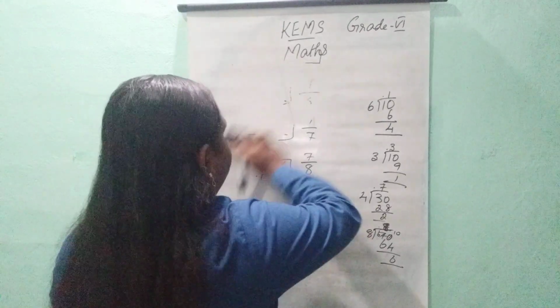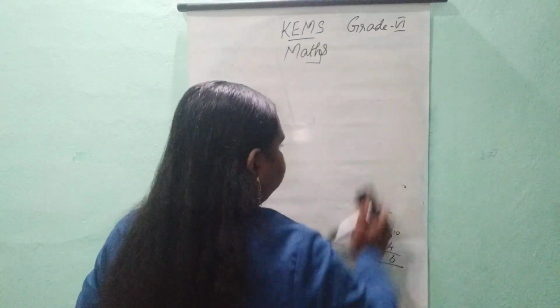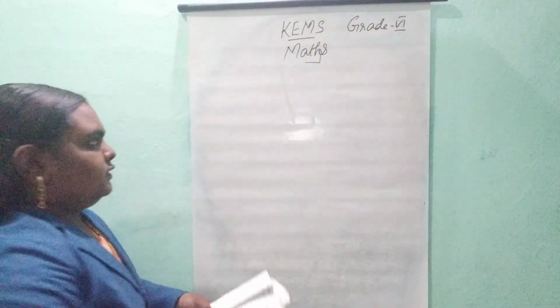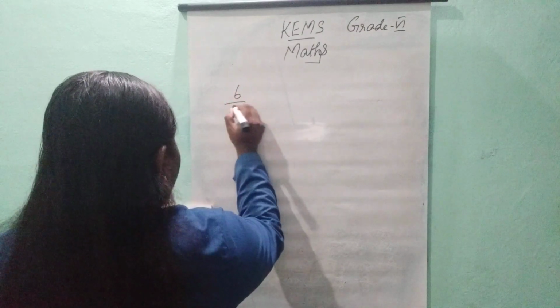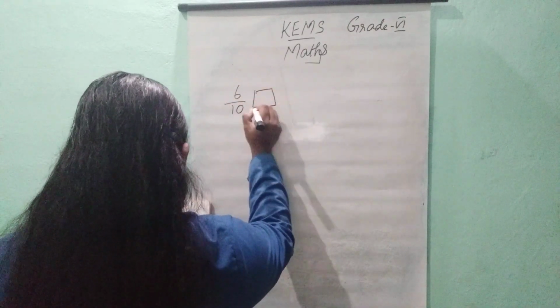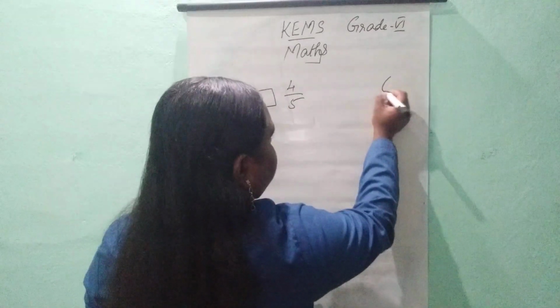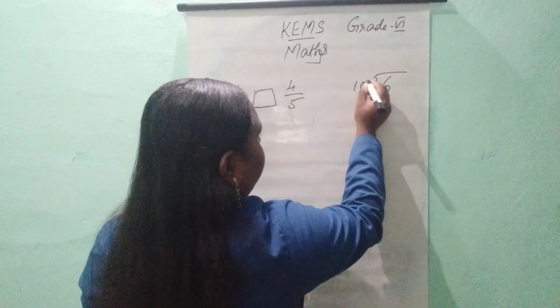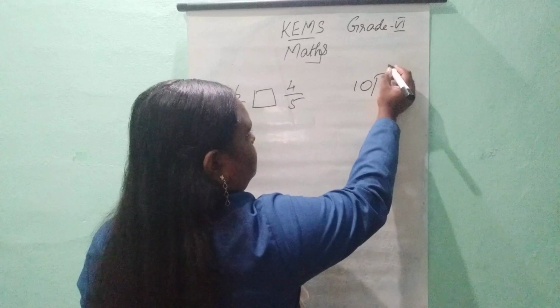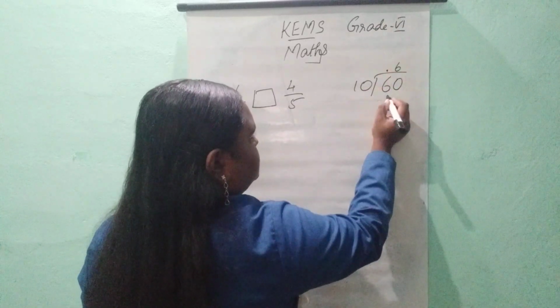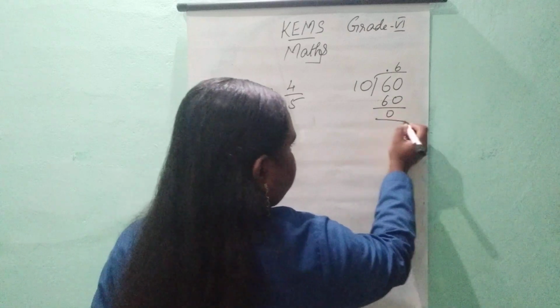Okay, I will explain once again. 6 divided by 10, 4 divided by 5. So 6 divided by 10: 0. 10 6s are 60. So 0.